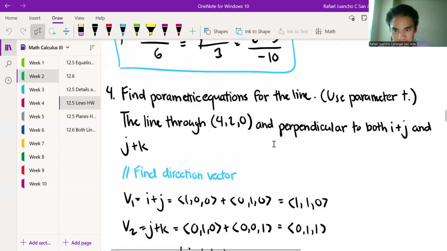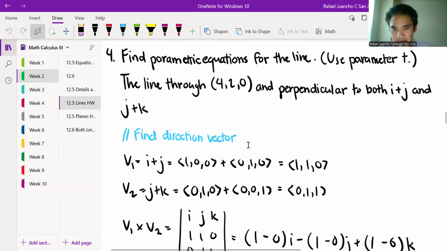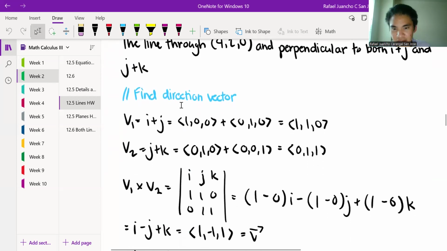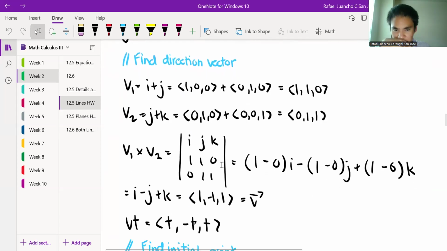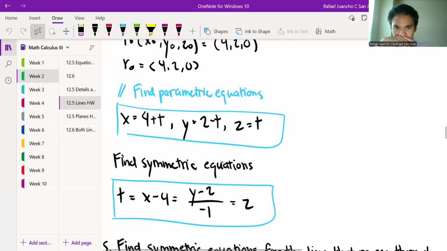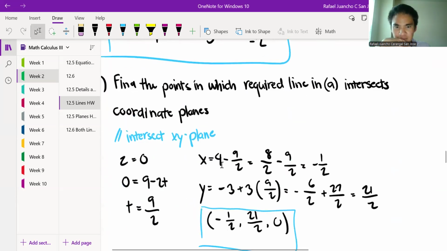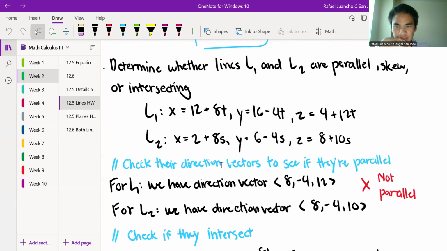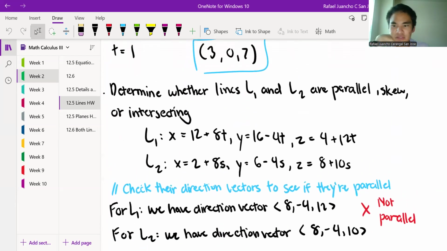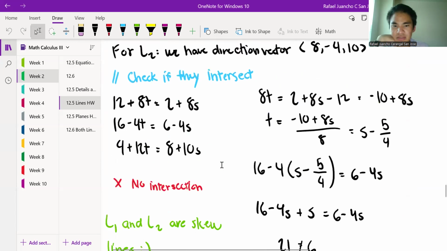If it's perpendicular, what does that mean? I get the cross product. Where do I get the cross product? I have a point, plug it in. How about this one? Find symmetric equations, find whether lines L1 and L2 are parallel, skew, or intersecting. That was the hard one.